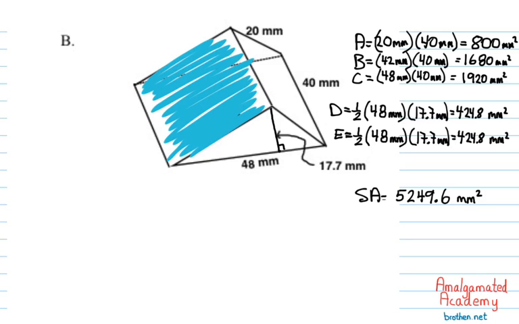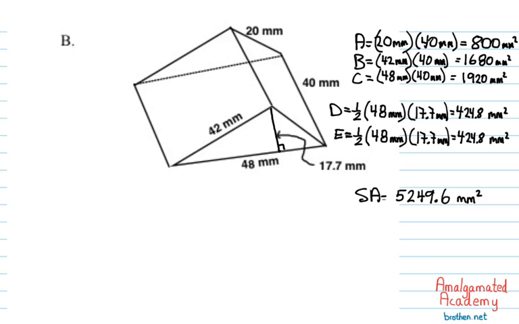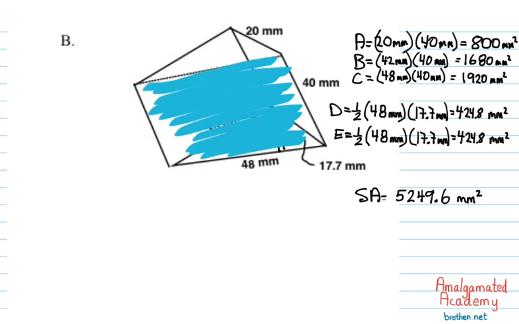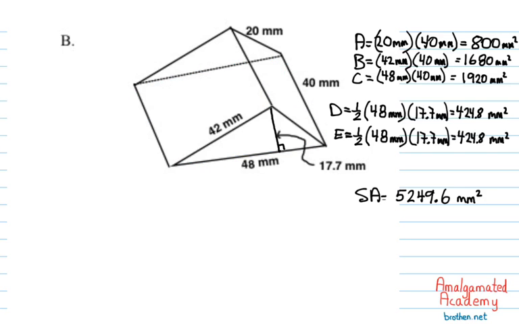And then we're going to have rectangle C, which is 48 millimeters by 40 millimeters. That's the bottom right there. And finally, we're going to have the 2 triangles, this triangle here, and that triangle there. Do the calculations, add it up, and you end up with 5,249.6 square millimeters.